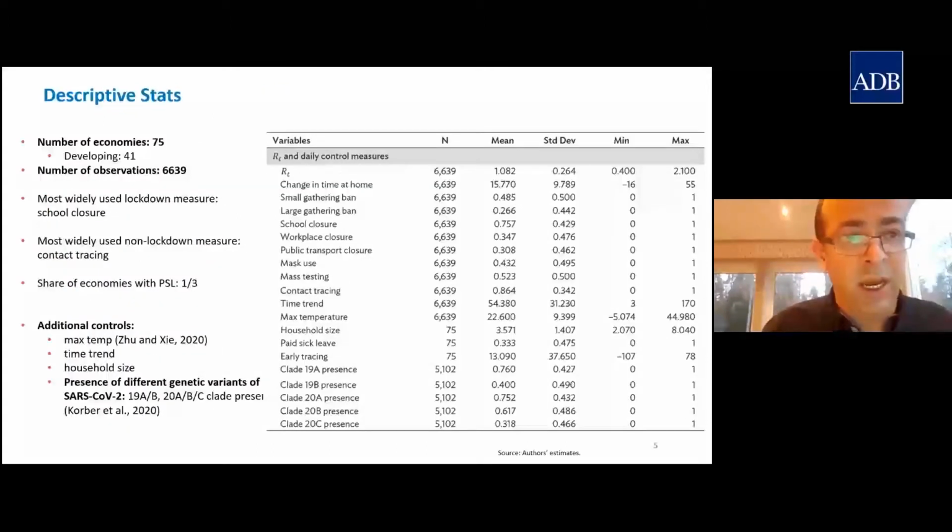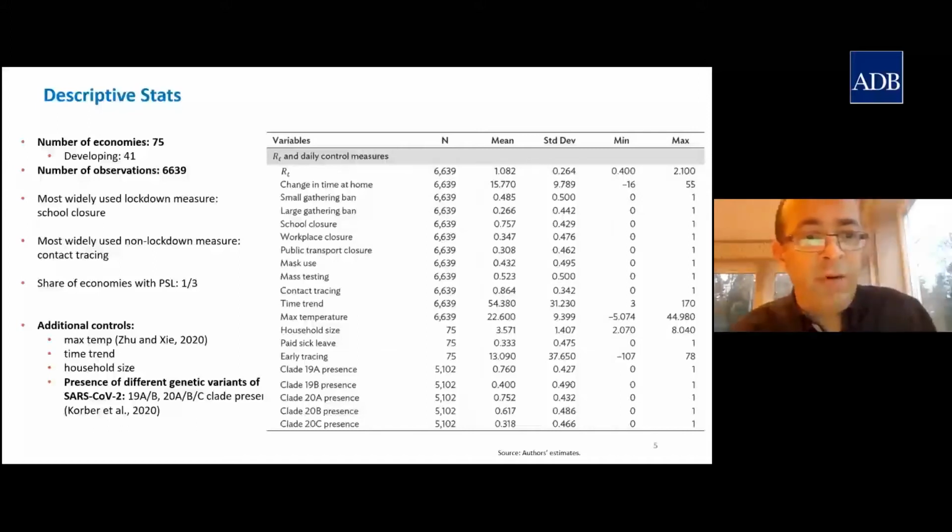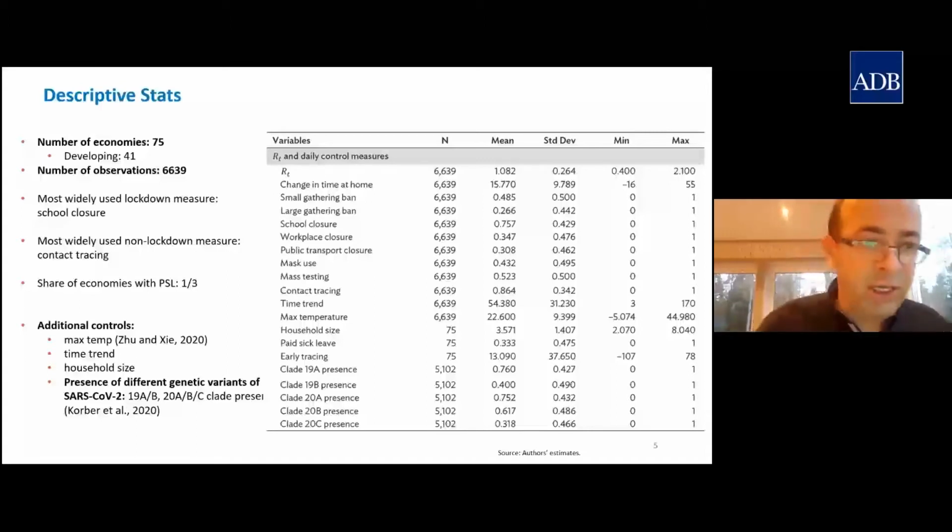In terms of the variables that we use, these are for 75 countries where we have data available from these various sources. These are daily observations, so it becomes 6,600 observations. The data look a bit like this. There's not a lot of time to go into the details.